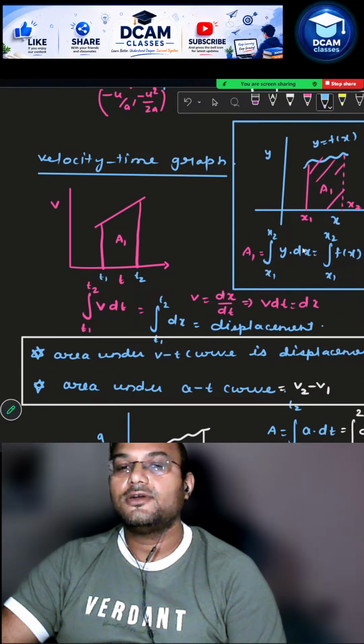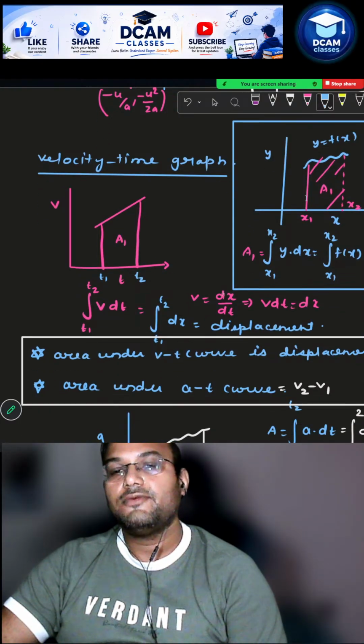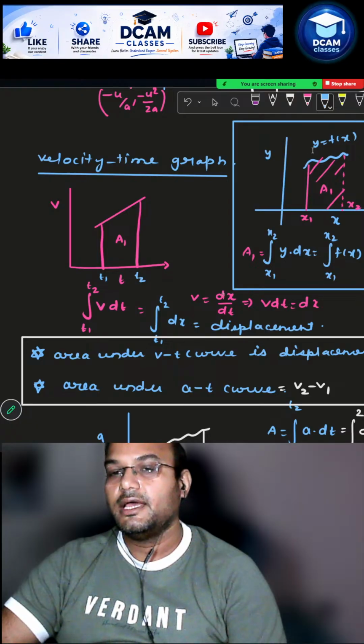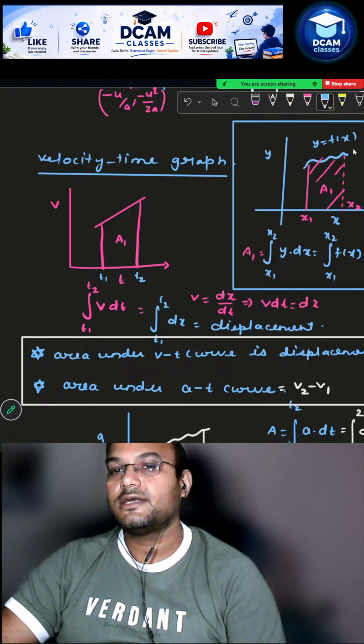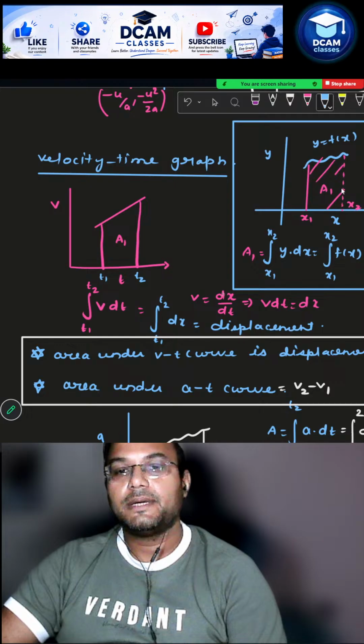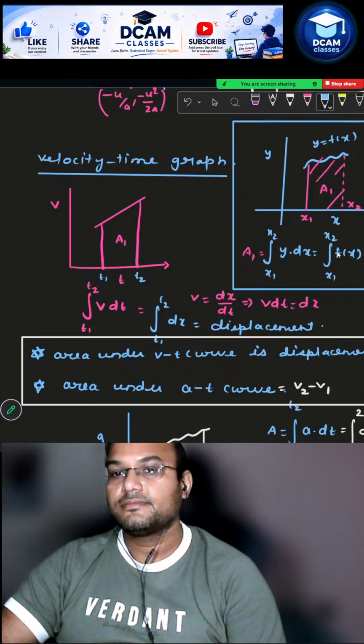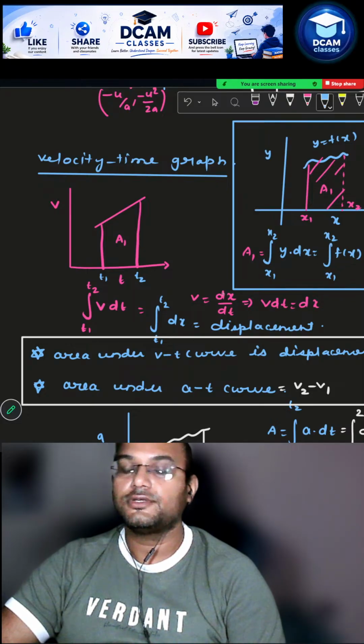Because there is a concept: when you have a y versus x graph and y is equal to f of x curve, then the area under that particular curve from x1 to x2 is given by the integral from x1 to x2 of y dx, that means the integral of f of x dx, the equation of the curve, dx.